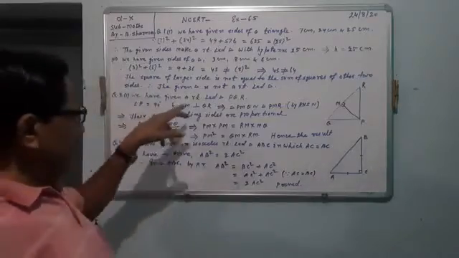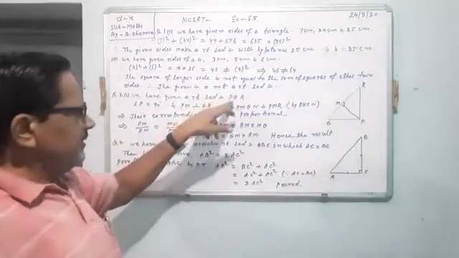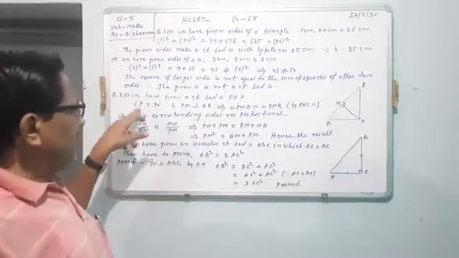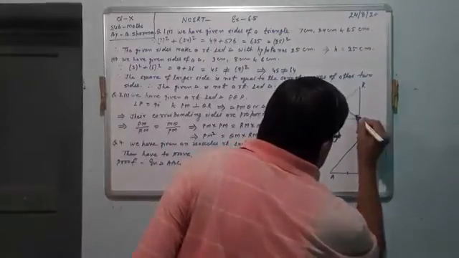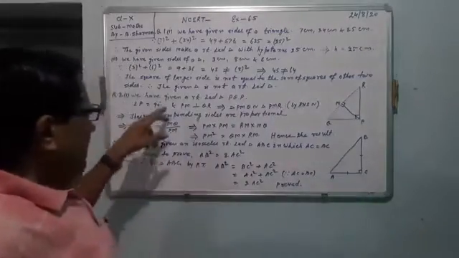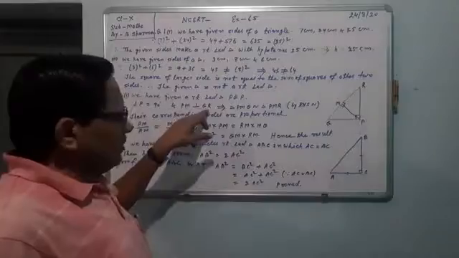Here we are given a right angle triangle PQR, angle P equals 90 degrees, PM perpendicular to QR.